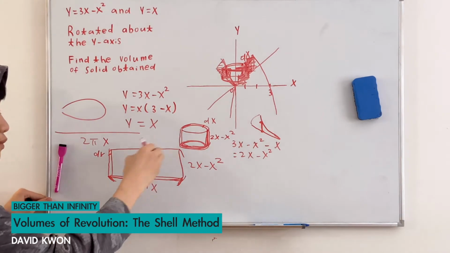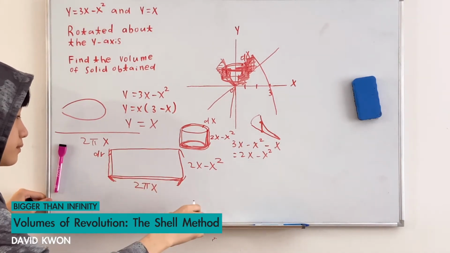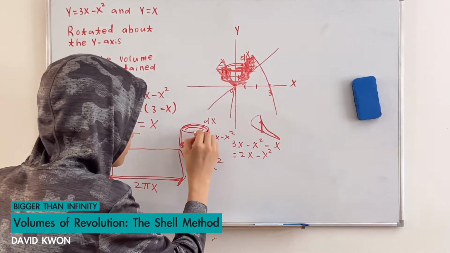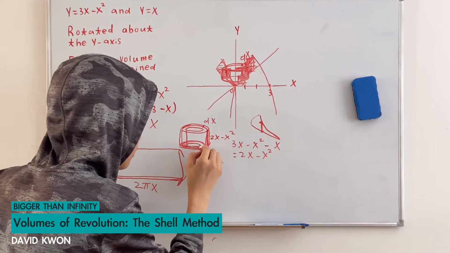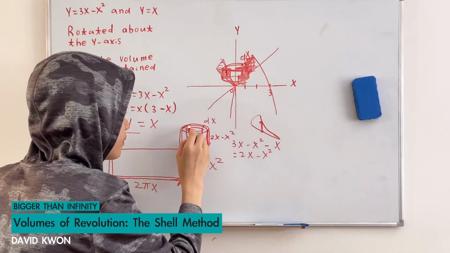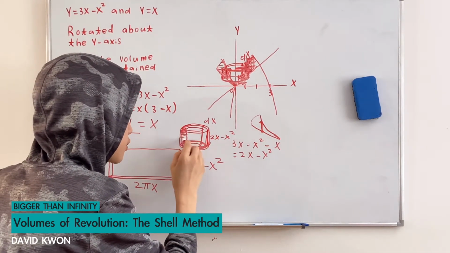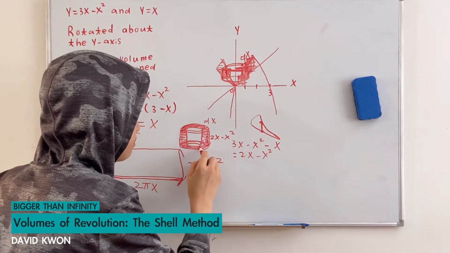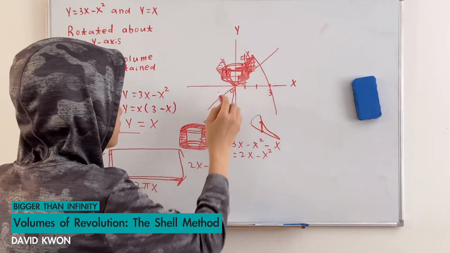Now finding the volume of this whole thing, when we fold it back up, we just found the volume of this whole cylindrical shape, except the mid part.